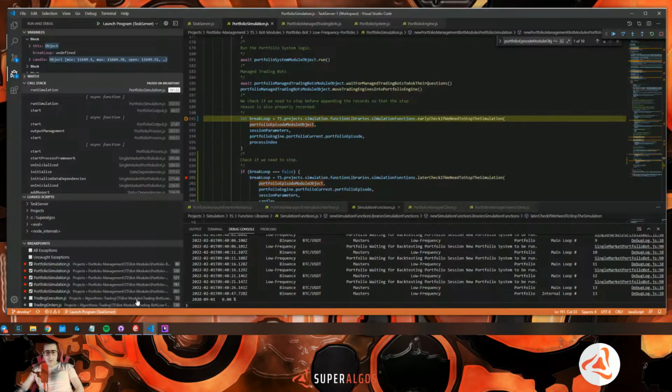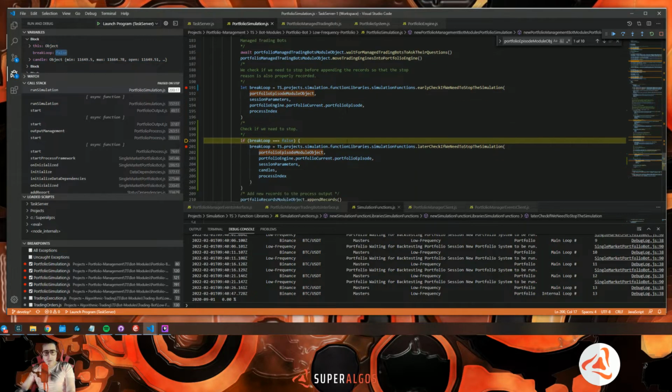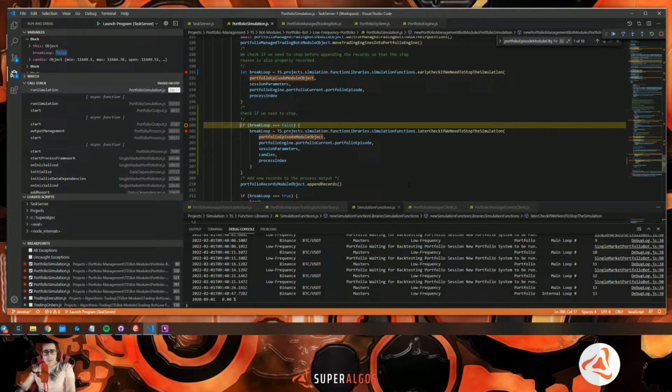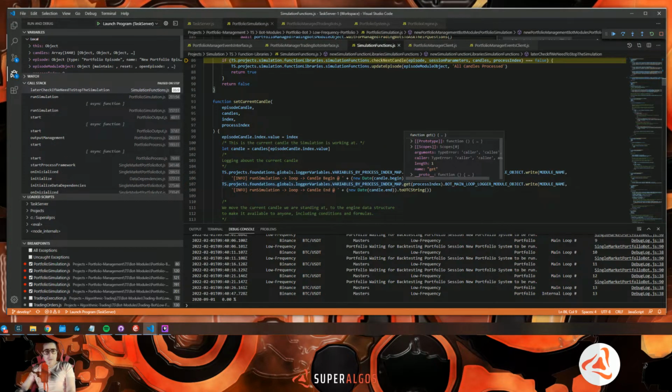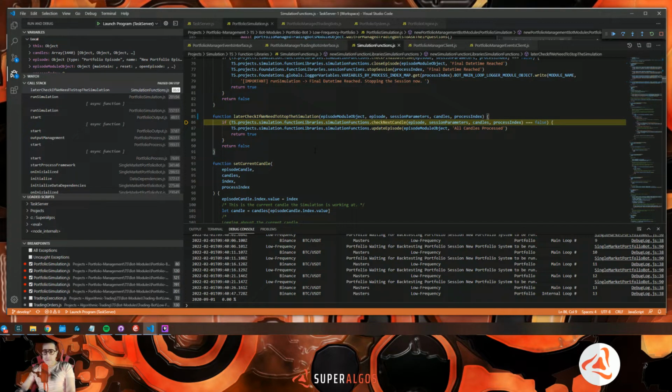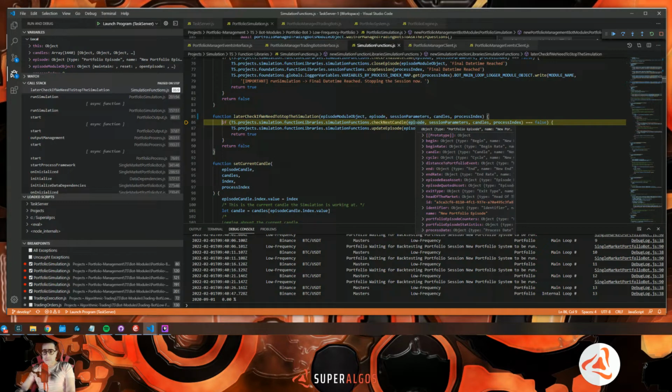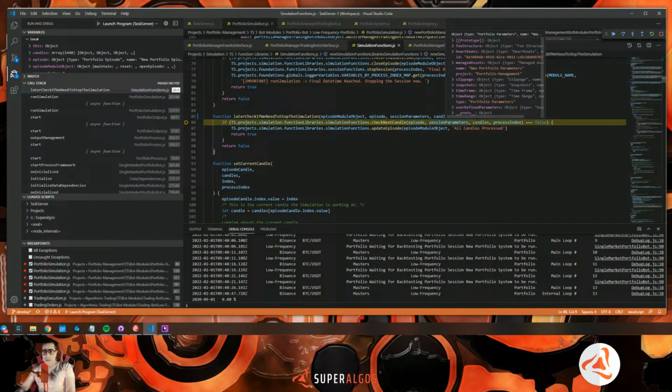Okay, now that it's running, this guy gets into here. So what do these functions do? Check next candle.